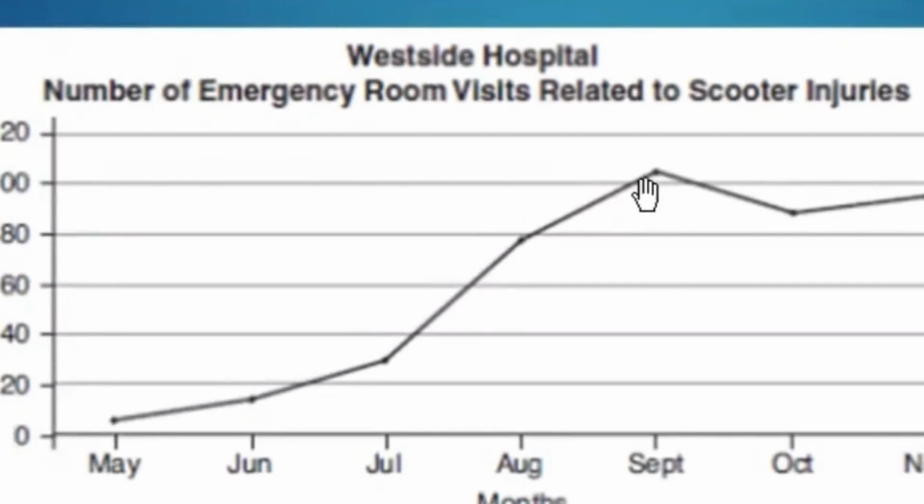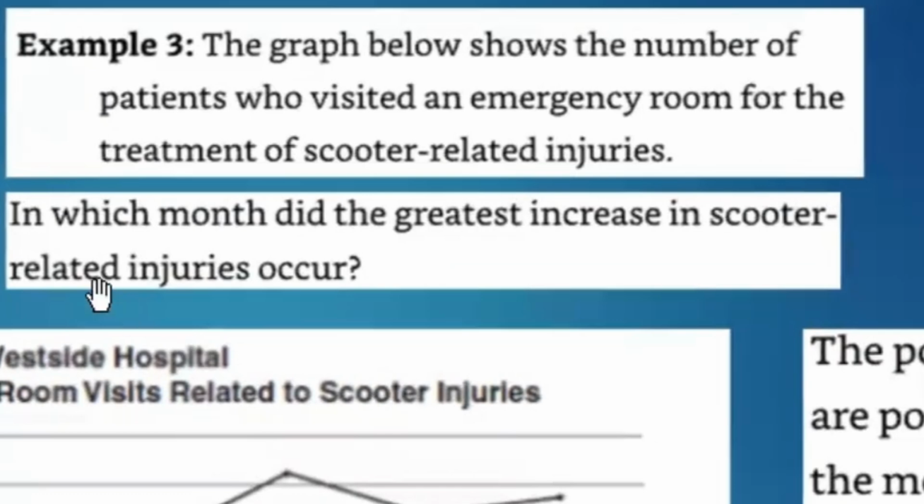So you could be tricked into thinking that this dot represents the highest point compared to all the other points that we can see here. You can see that these dots are just connected. So you may be tricked into giving September as your answer, but notice what the question is asking you: in which month did the greatest increase in scooter-related injuries occur?